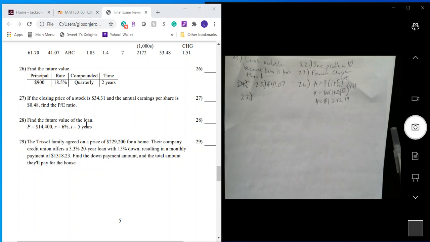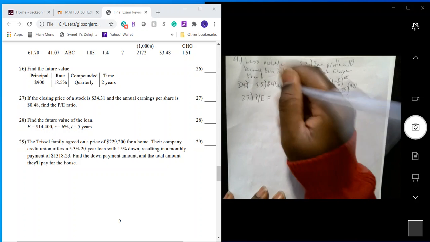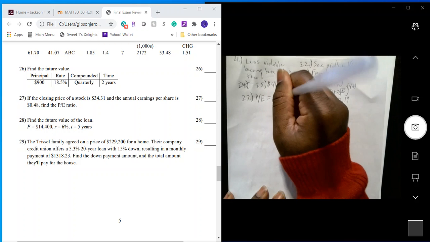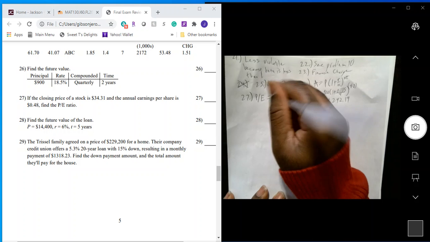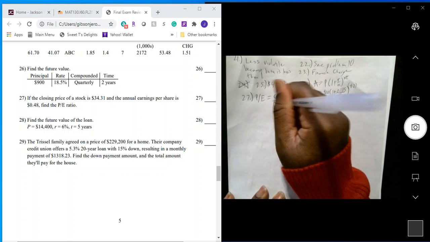If the closing price of a stock is $34.31 and the annual earnings per share is 48 cents, find the price over earnings ratio. Now with the price over earnings ratio, the formula is, so we'll do P over E is equal to the current market price divided by the annual earnings per share.